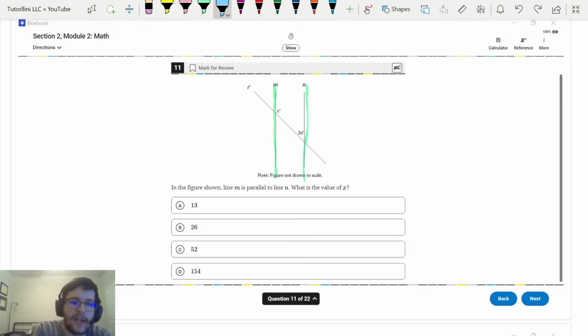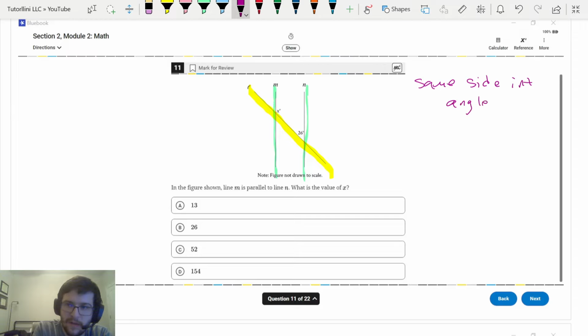And then they are on the same side of the transversal. So that's called same side interior angles. Same side interior angles are supplementary. That means they add up to 180. So that's the fastest way to do this one.